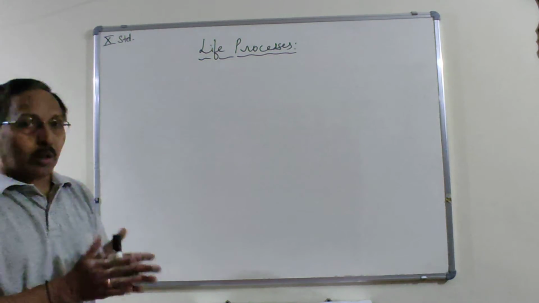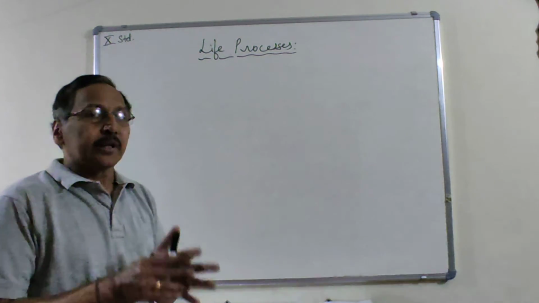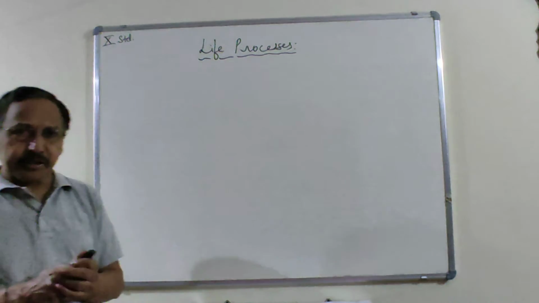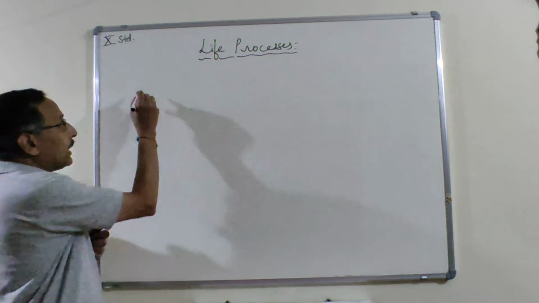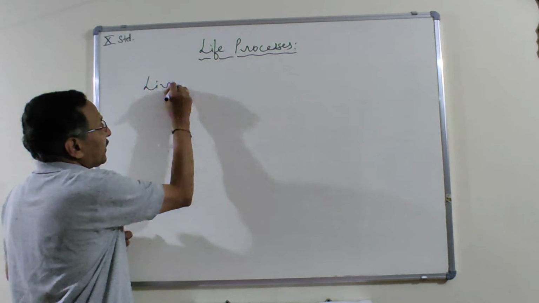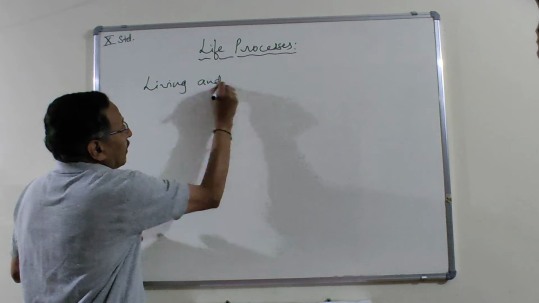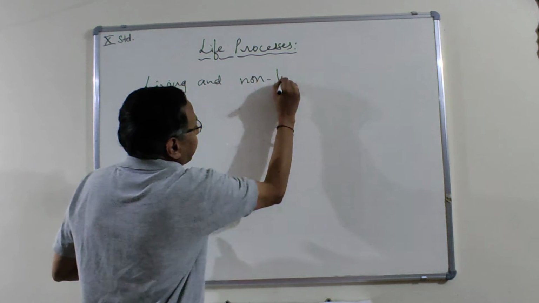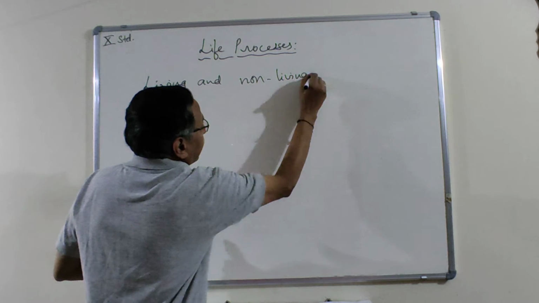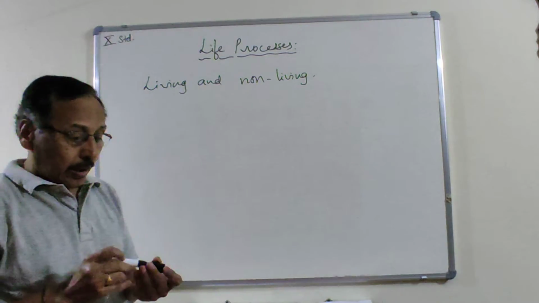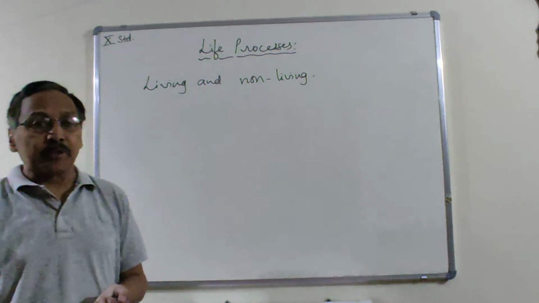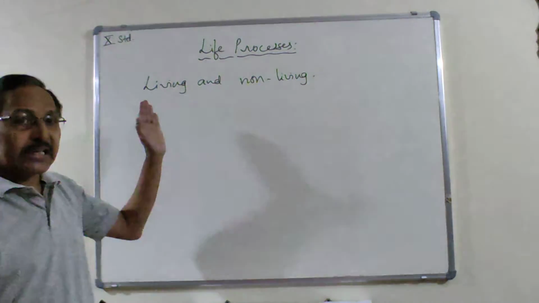First, to know what are life processes, we need to know the difference between living and non-living. Means, what are the characteristics that show that something is living?